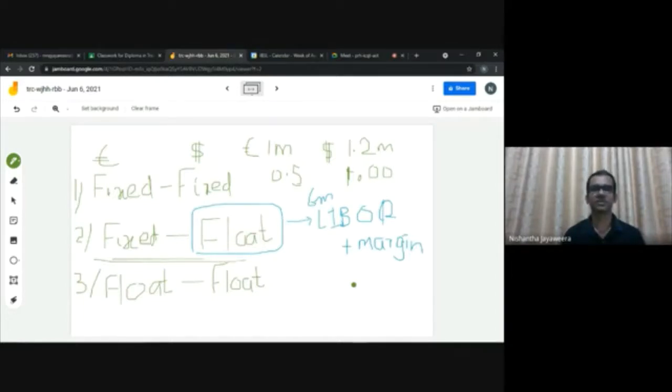So, any question? So why do we do this? What are the advantages? We'll discuss that. But have you got the basic concept behind this transaction?